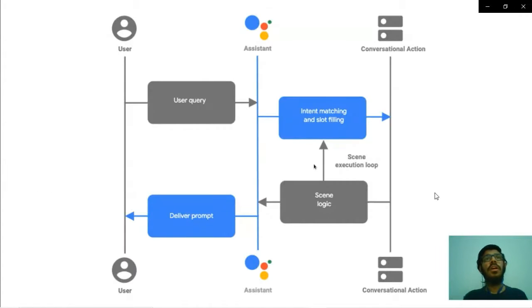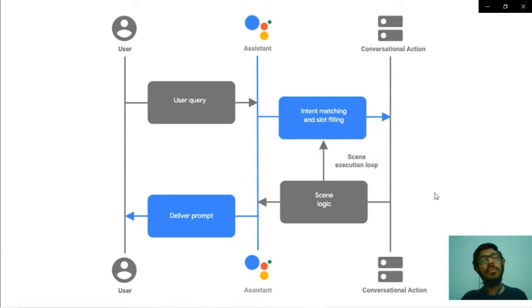Now, in the new way of developing actions for Google Assistant, what really happens is that the user passes a query to the Google Assistant. Over here, if you notice, we don't have Dialogflow. Everything happens directly on Google Assistant and whatever backend logic you wrote. When the user says something, Google Assistant picks up that speech, converts it into text, and applies some ML algorithms.